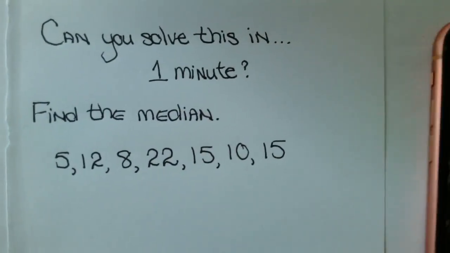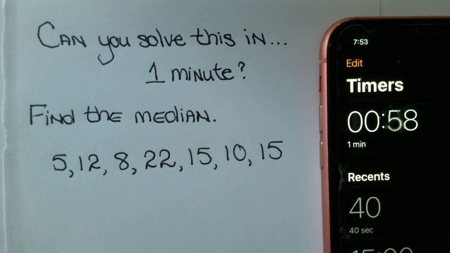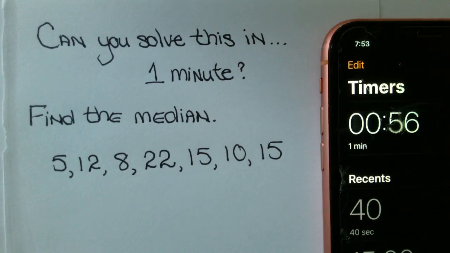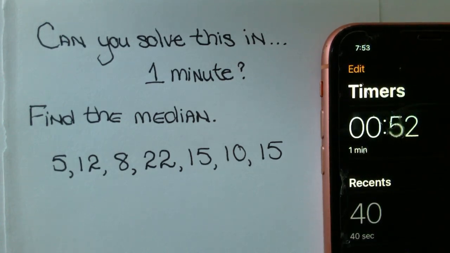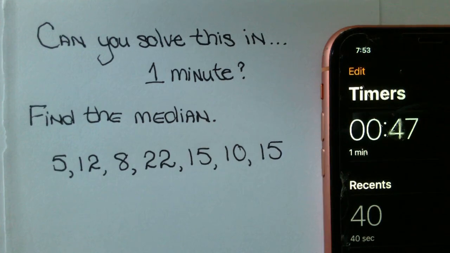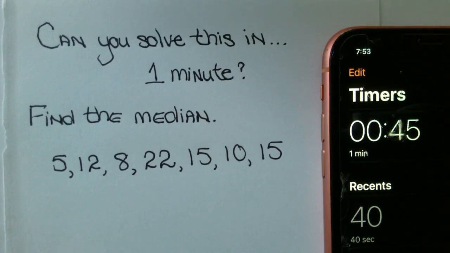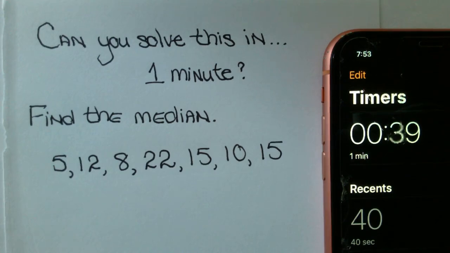Can you do this in a minute? So for people that are just coming in, try to do this in 1 minute. Do not put your answers in. When the time is expired, that's when you're going to put your answers in. Okay? So going through step by step.